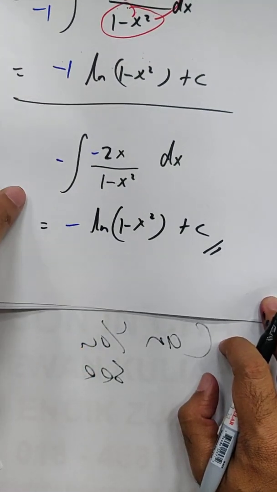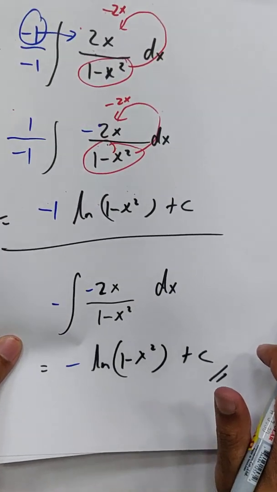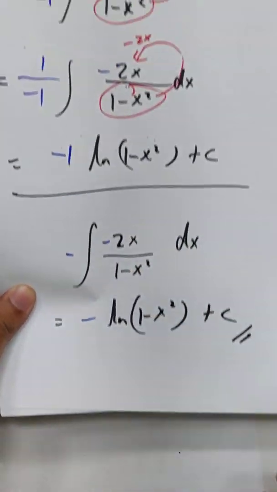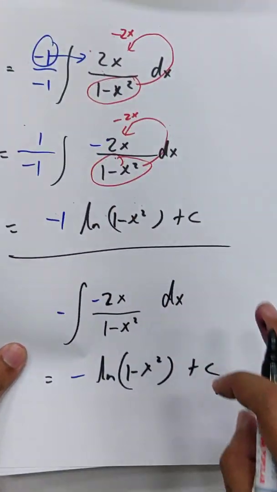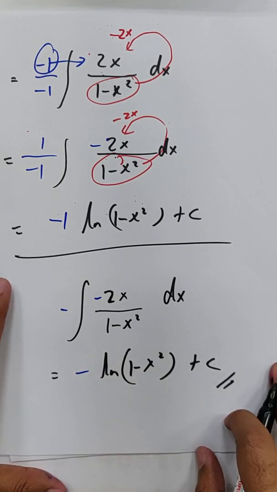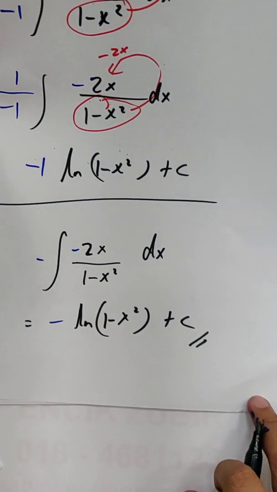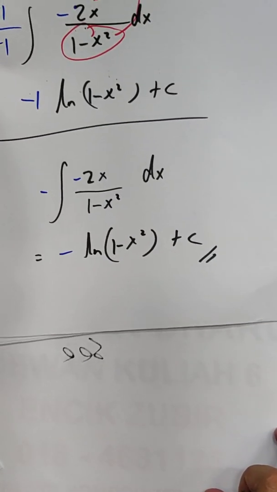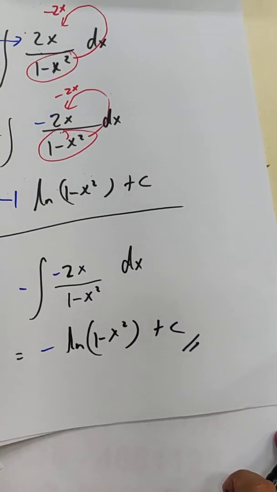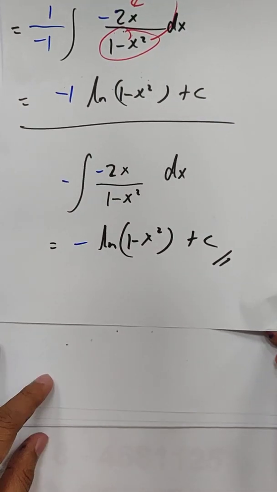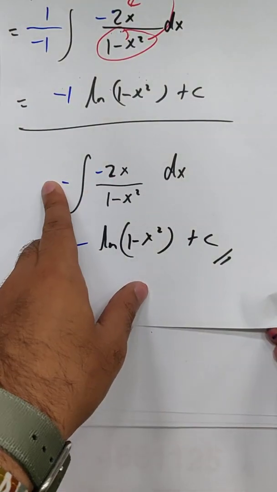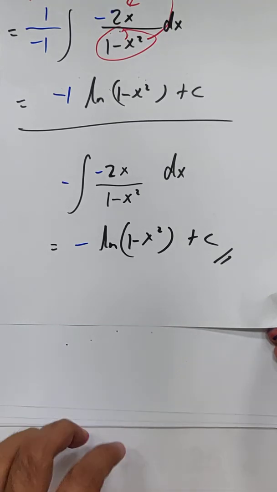Which method is better? Well, I prefer this one. But I understand some people could not get it, they need to do it this way. So which method should you use? Which one you think you can accept and remember in exams, okay? I'm not forcing you. This is another one. We add negative, negative. One inside, one outside.